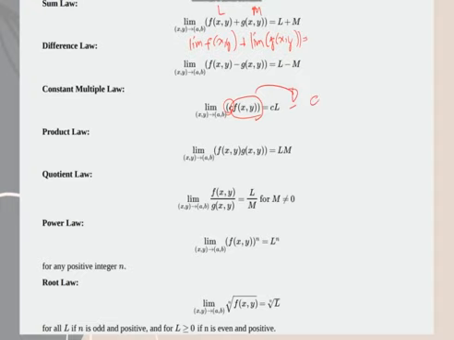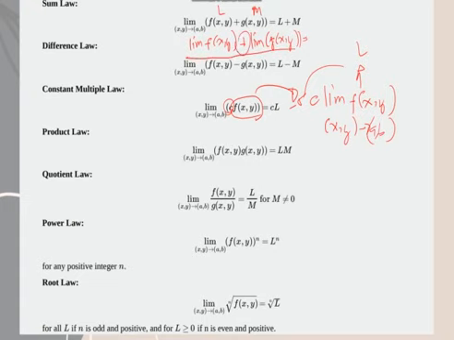From here, we can have the constant times the limit of f of x, y as x, y goes to (a, b). The limit of that is L, so you will have C times L. Next, we have the product law. In the product law, you can separate the limits, but in the middle is multiplication.